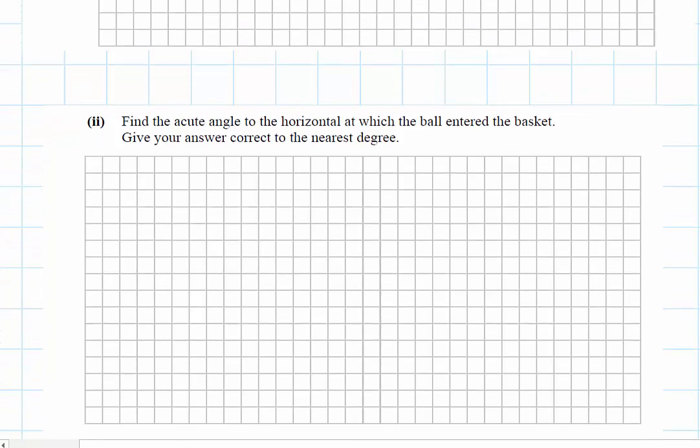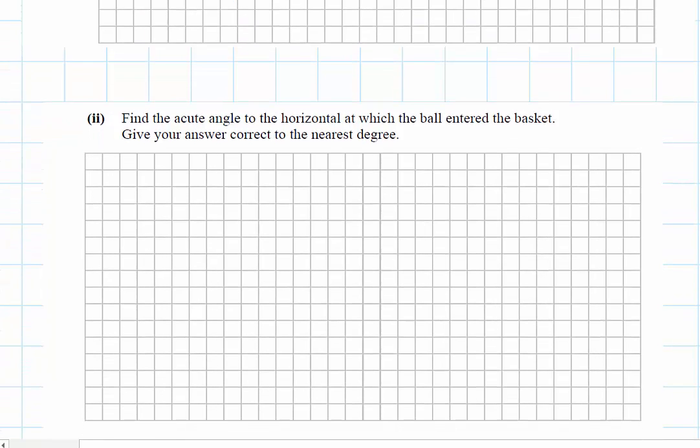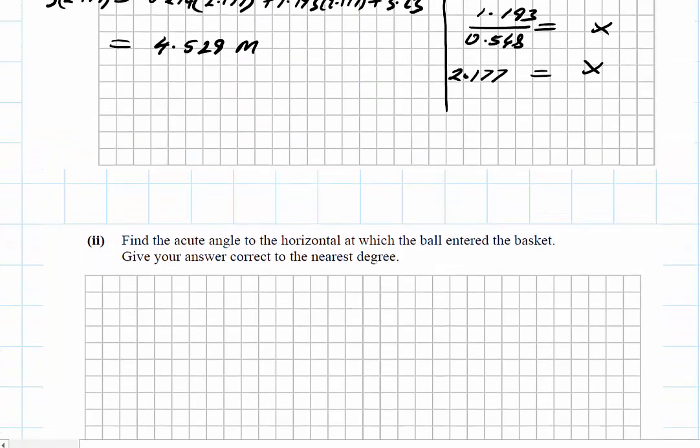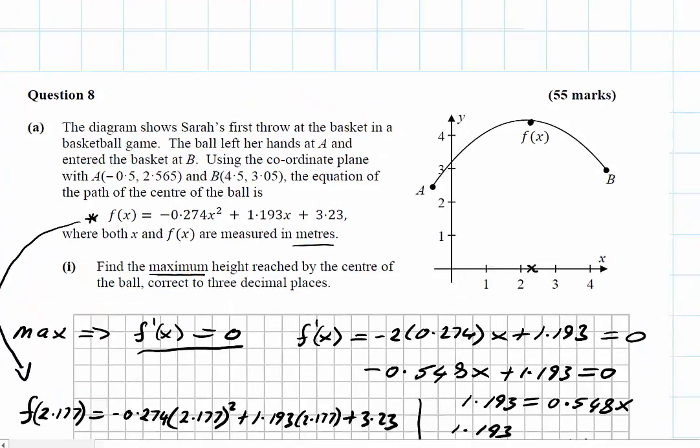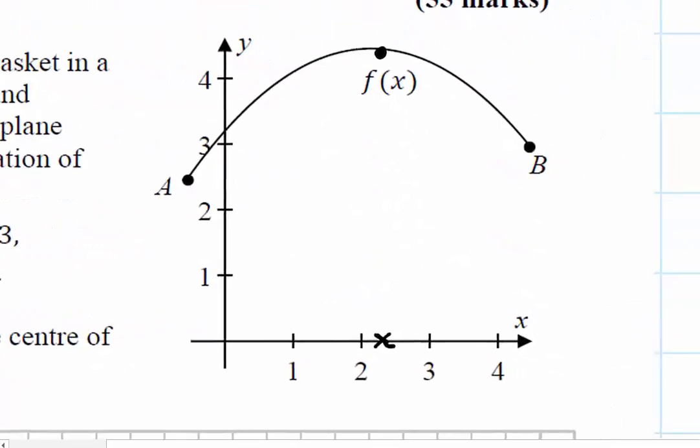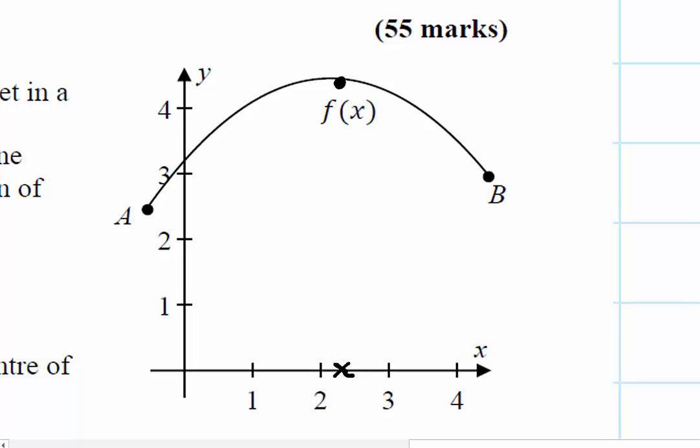In part 2, we're looking for the acute angle at which the ball enters the basket. So back to the diagram for a minute. And it might be no harm to just extend our curve here beyond B, a bit beyond B. And to observe that the angle, it goes into the basket at B, but at that point in its journey, it's facing in a direction which is the same as a tangent at that point.